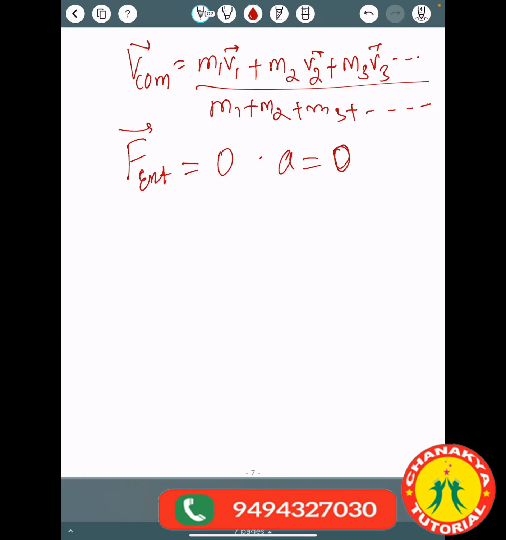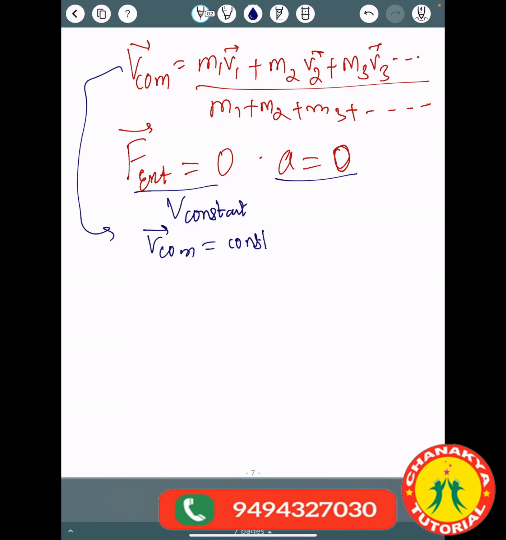If acceleration is 0, it means velocity is constant, correct? That means V_COM is constant, that means m1 v1 plus m2 v2 and so on should be constant. This is called conservation of linear momentum.